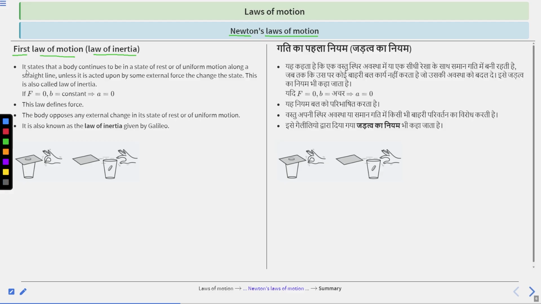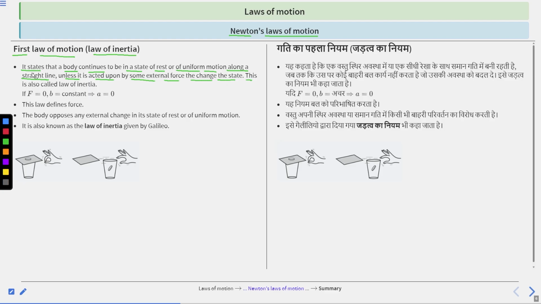It states that a body continues to be in a state of rest or uniform motion along a straight line unless it is acted upon by some external force that changes the state.